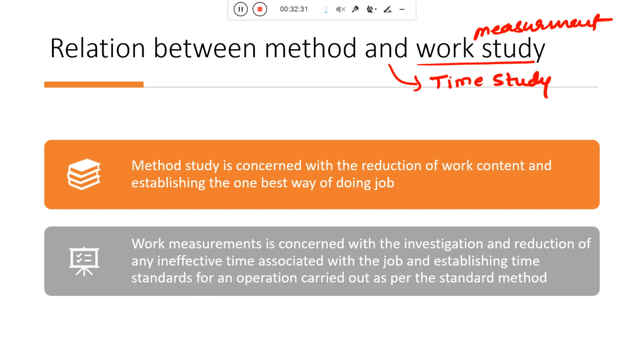So there you need to set the standard time. How to calculate that standard time, we will discuss. There are systematic steps you need to apply, and then you can set it. We will also do numericals on both method study and time study, so you can understand all this in a practical manner.